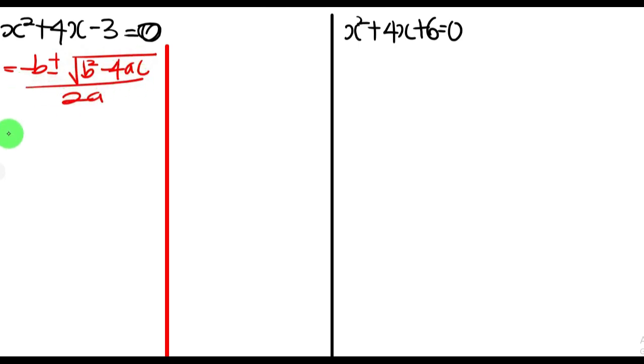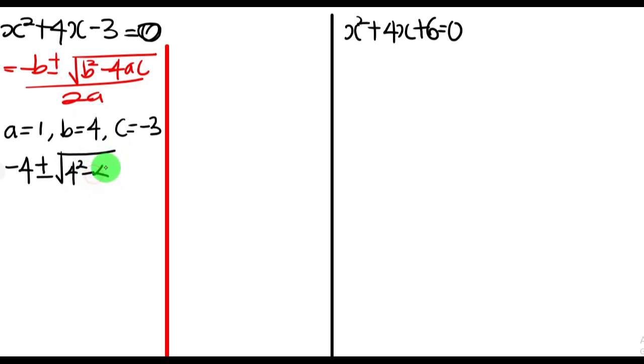So in this quadratic equation, a is equal to 1 here, b is equal to 4 here, and c is equal to minus 3. Putting all this together in the formula, we're going to have minus 4 plus or minus the square root of 4 squared minus 4 into bracket 1, then minus 3, everything over 2 into 1, because a is equal to 1.